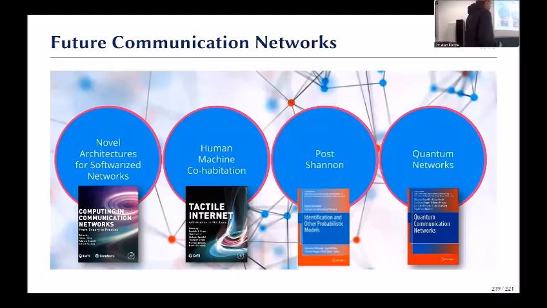There are some on human, machine, and cohabitants. There's something about the tactile internet. So Frank and Holger are the experts in this also. And then there's a book on post-Shannon theory. You see a book, and perhaps it's a lecture which was given by Rudolf Ahlswede around, I don't know, 2001 or 2002.